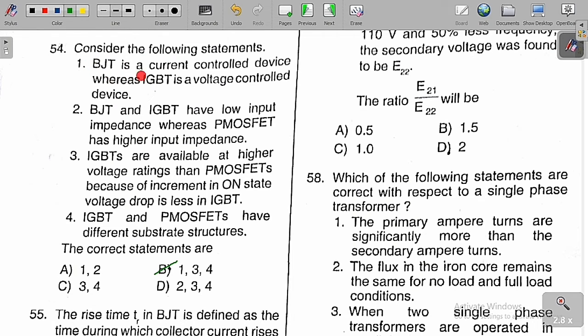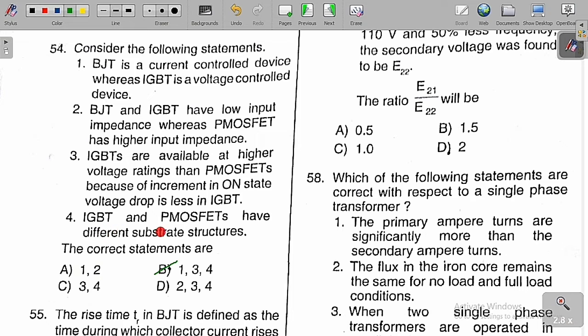See the question here. Consider the following statements. Statement 1: BJT is a current control device, whereas IGBT is a voltage control device. Statement 2: BJT and the IGBT have low input impedance, whereas the power MOSFET has the higher input impedance. Statement 3: IGBTs are available at higher voltage ratings than power MOSFETs because the on-state voltage drop is less than that of the MOSFET.